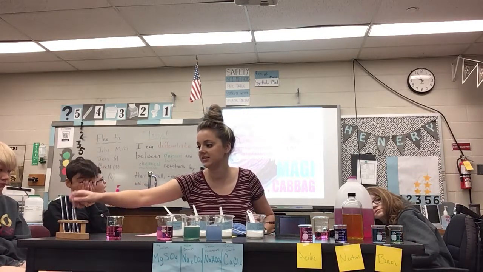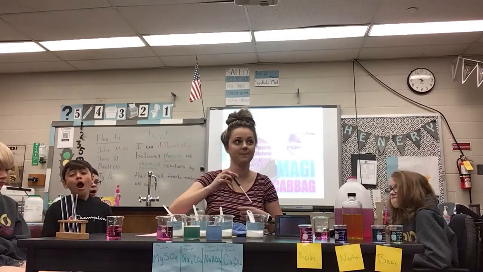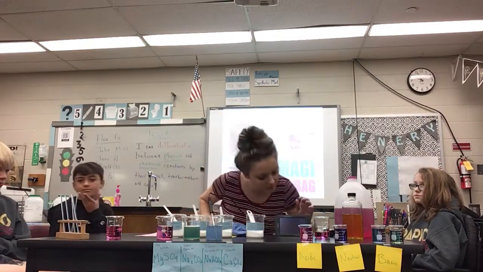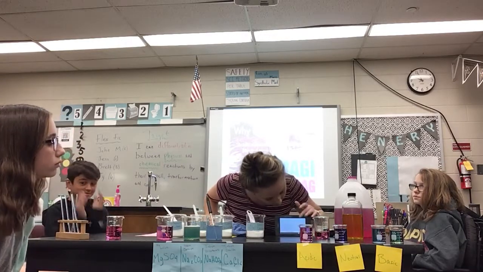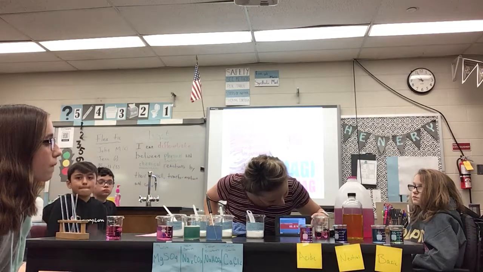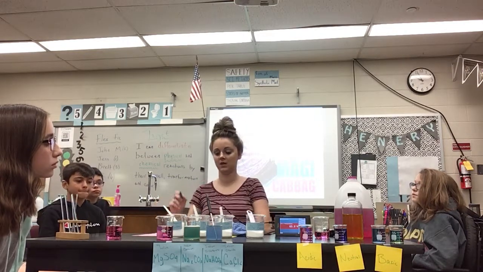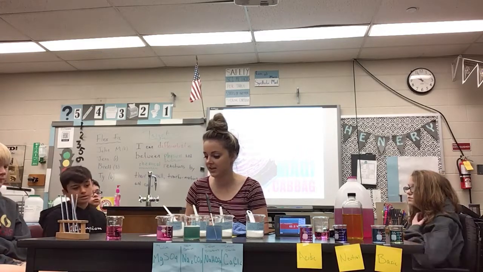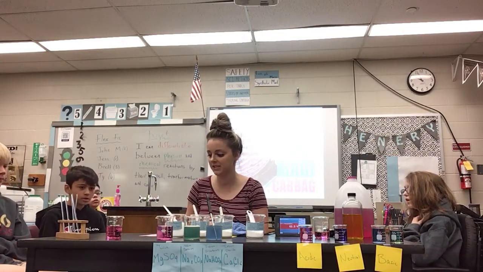Okay, while we wait to see the temperature, remember we started at what? 70. Let's see what happens. While we wait, did it change color? Yes. Was there gas? No. Was there a precipitate?